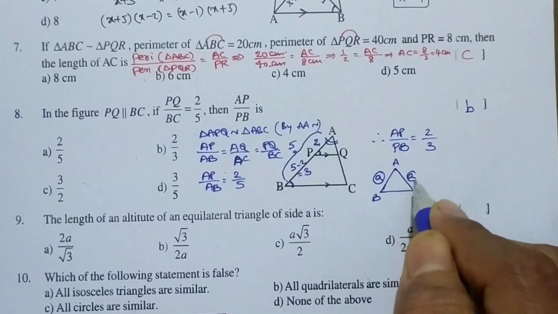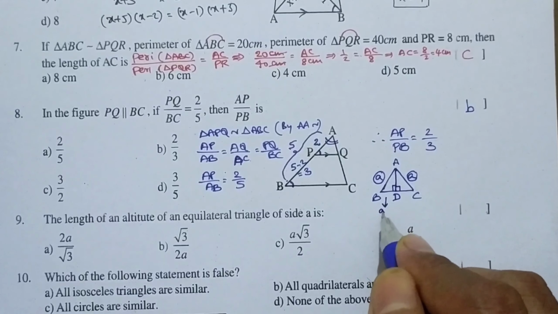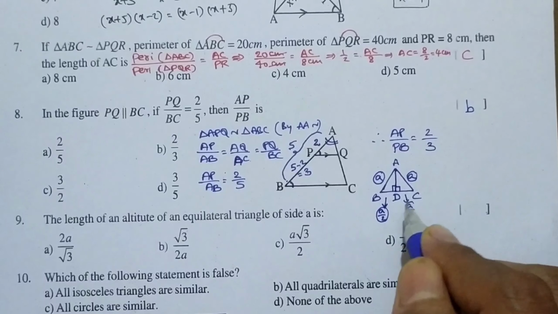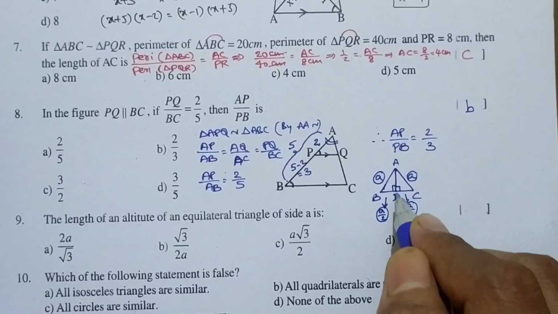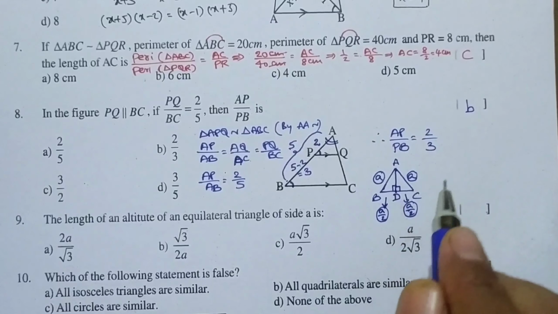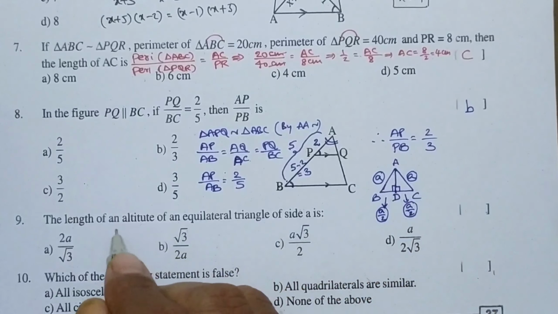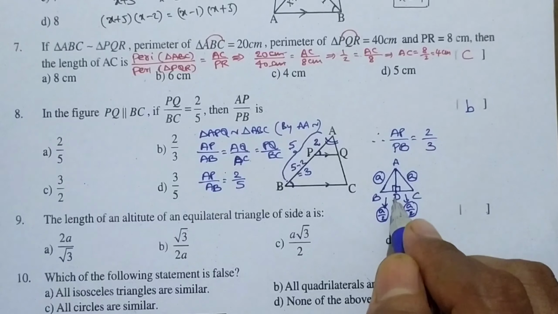In an equilateral triangle the altitude also acts as the median. So D will be the midpoint. So this portion will be A by 2 and this also will be A by 2, since D is the midpoint as well as angle D is 90 degrees. So AD can be called median, also altitude. Length of altitude means we are asked to find AD.